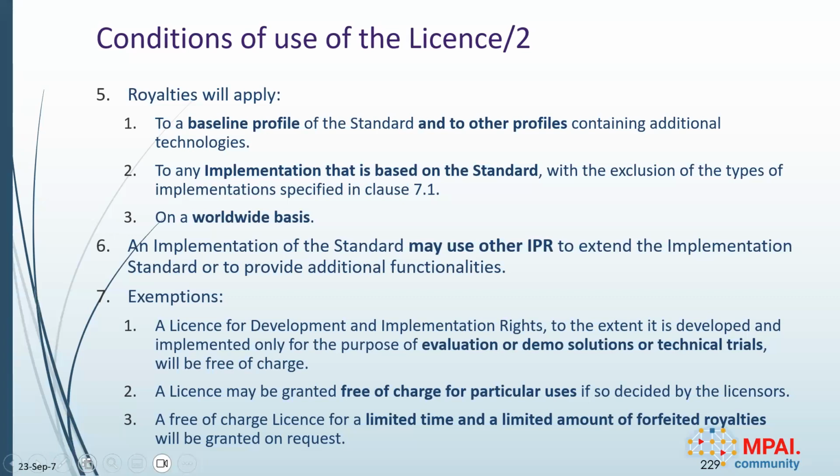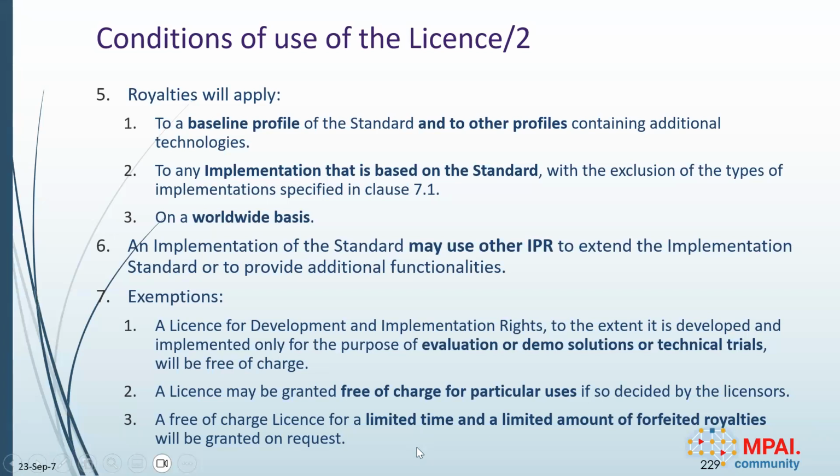The exemptions that I was referring to are that a license for development and implementation rights, if it is developed and implemented for the purpose of evaluation and technical trials, will be free of charge. A license may be granted free of charge for other particular uses, and a free of charge license for a limited time and a limited amount of forfeited royalties will be granted on request.